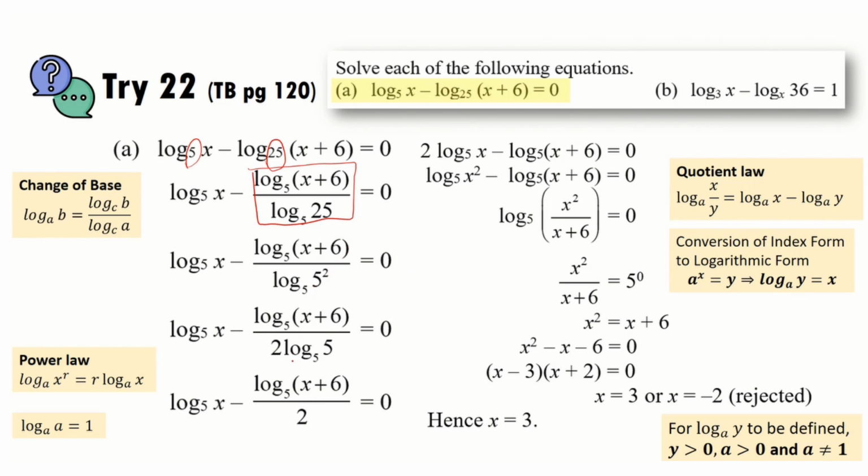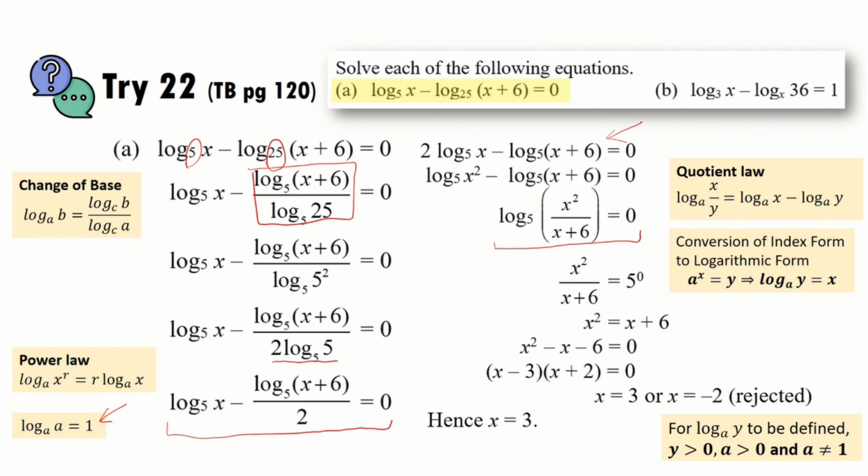Hence, we can use our power law to eventually get 2 times log 5 base 5. Then log 5 base 5 is equals to 1 based on the concept we have learned in the previous lesson. Then we will get this equation here, which we multiply by 2 across the entire equation to arrive at this. Then using the quotient law, we will arrive at this equation here.